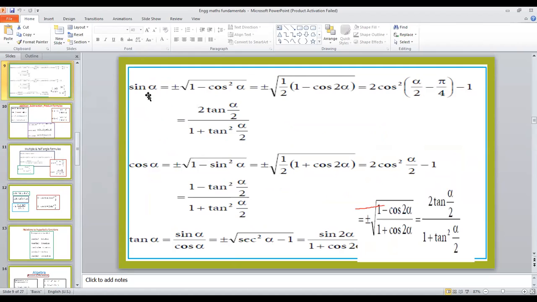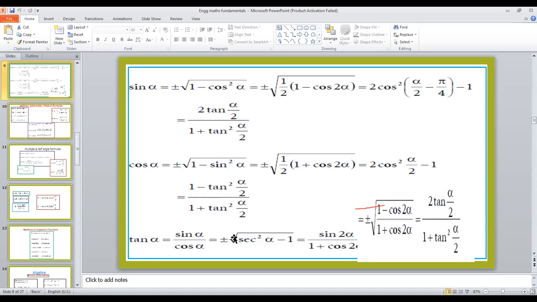See here, sin alpha is 2 tan alpha by 2 upon 1 plus tan square alpha by 2. Will you express cos alpha in terms of tan once again? Cos alpha is root of 1 minus sin square alpha, so it is 1 minus tan square alpha by 2 upon 1 plus tan square alpha by 2.